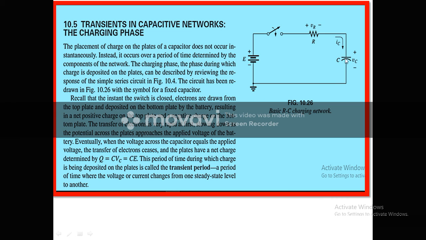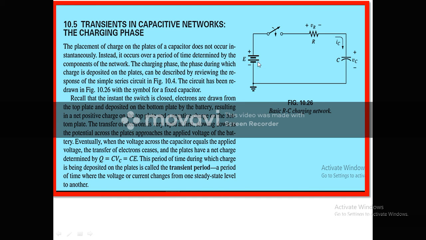And this process is not at once, it is a gradual process, and as the charges are appearing over this capacitor, a voltage would appear across the capacitor, which we call VC, voltage developed across the capacitor.